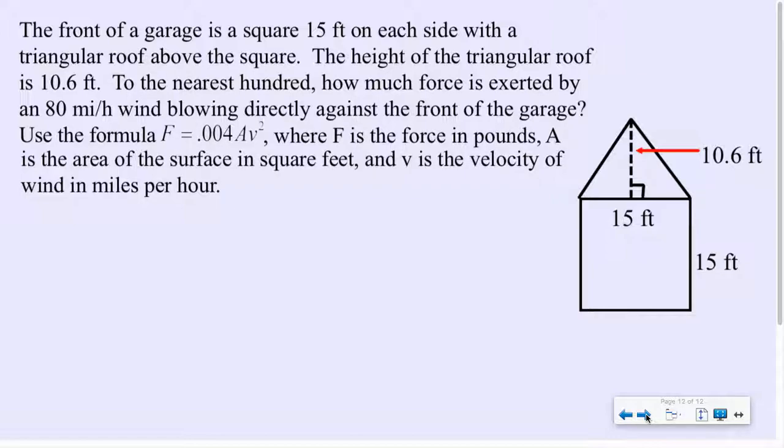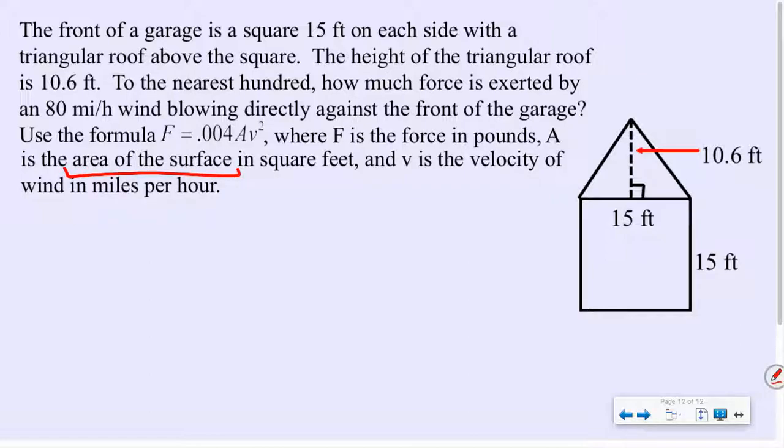So we're going to see what it feels like if the wind is blowing at 80 miles an hour, how much that is in pounds coming against this garage. We're trying to find F, the force, so I don't really need to worry about that. But we have to figure out the A and the V. What's the A stand for again? The area of our surface that the wind's blowing on.